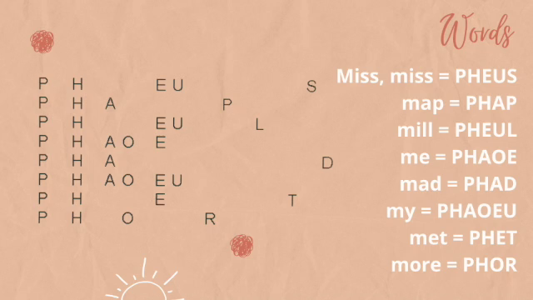Let's take a look at this example of words applying this lesson. We have there on the left side the stenographic notes and on the right side the English words. So we have miss, map, mill, me, mad, my, met, and then more.